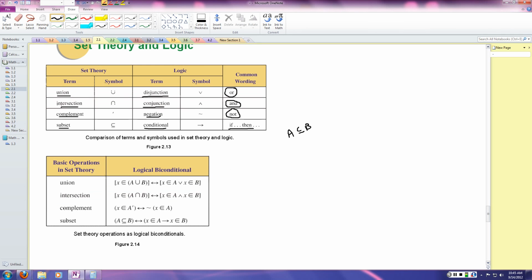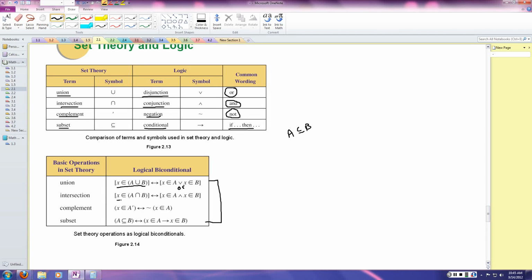Now, when we talk about unions, intersections, complements, and subsets, you can see how they're written logically. If I say X is an element of the union, that means X is in A or X is in B. Or unions are generally bigger sets.